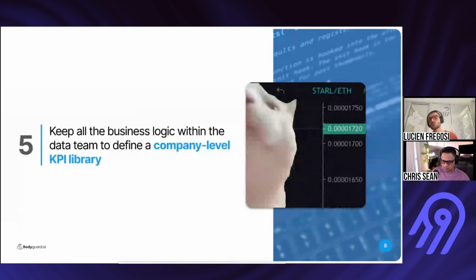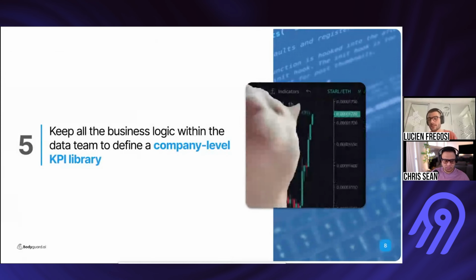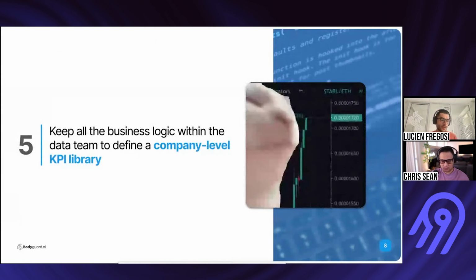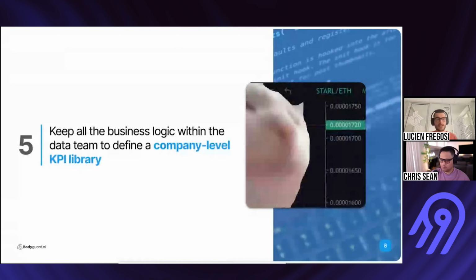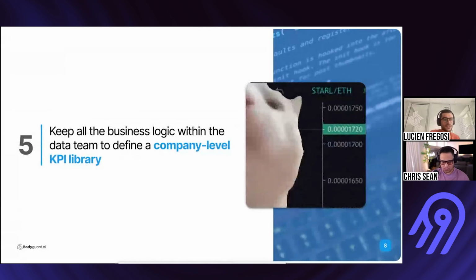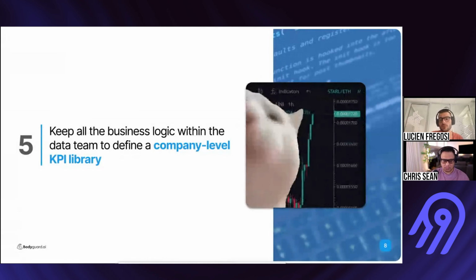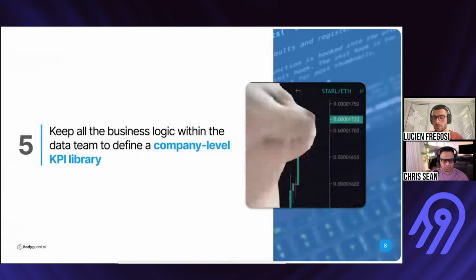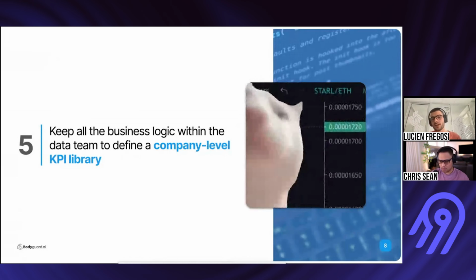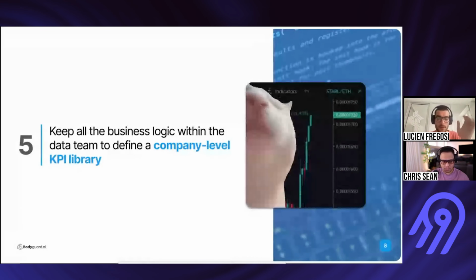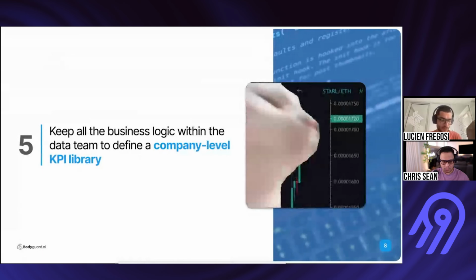So we provide the users a KPI. For example, if I want to provide the monthly recurring revenue, we will define, model, and publish this KPI, which can be consumed by business users at Bodyguard. But we don't want them to compute and define their own KPI. So those are the main principles we are trying to stick to.